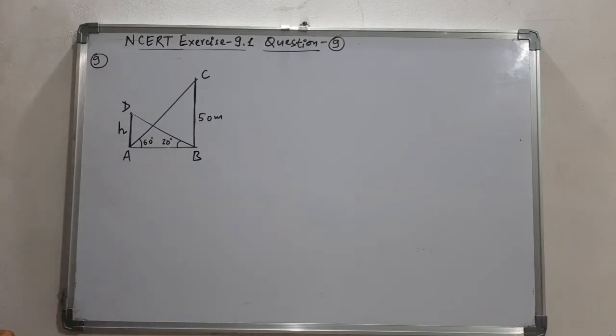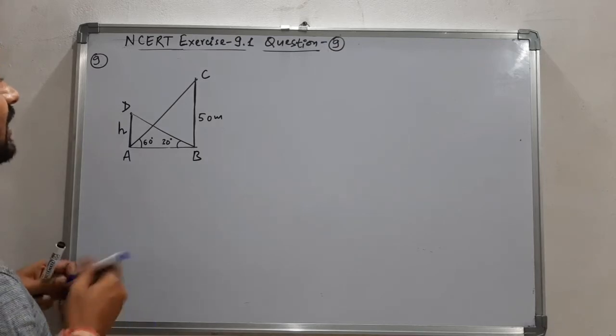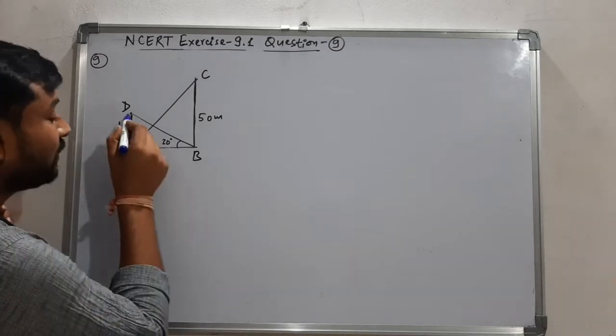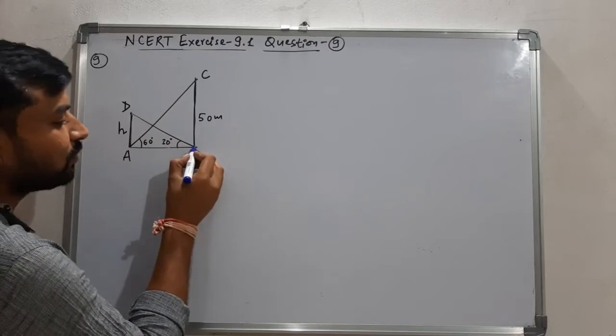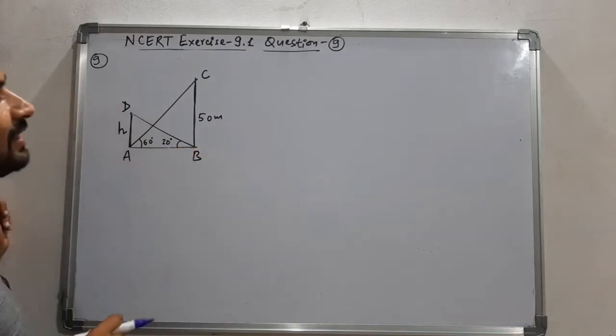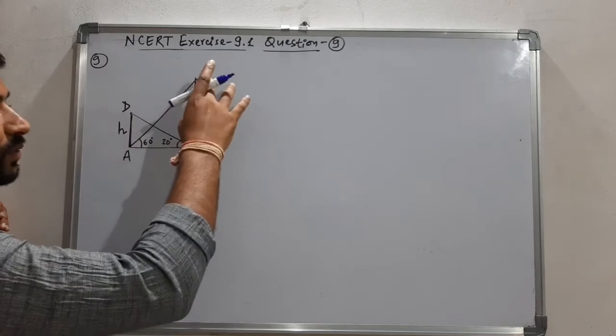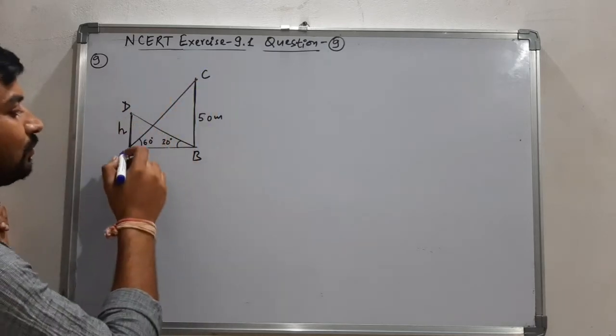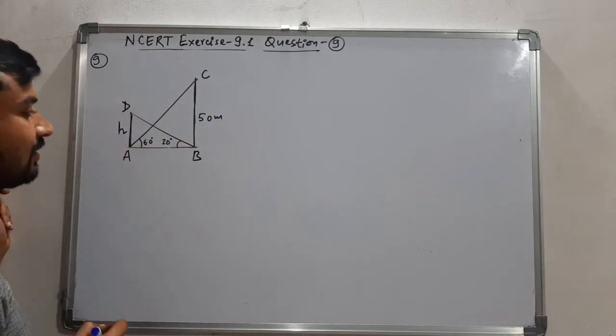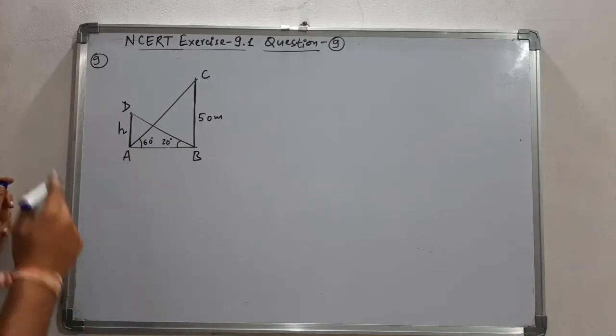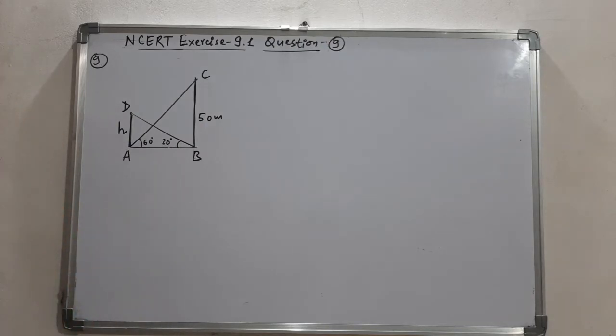Here the angles which are known to us: the angle of elevation of the top of the building from the foot of the tower is 30 degrees, and the angle of elevation of the top of the tower from the base of the building is 60 degrees. We have to calculate the height of the building.